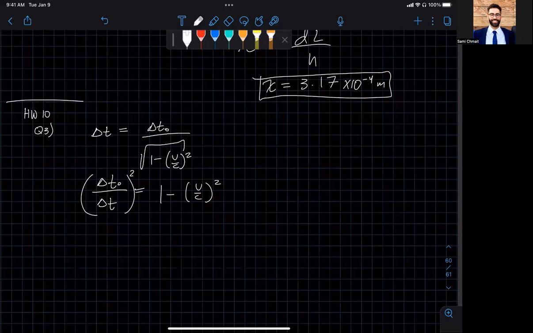And then we're going to need to move one to the other side and take the square root to get v over c. So therefore, v is going to be equal to c times the square root of 1 minus delta t naught divided by delta t, squared. Sorry, that's pretty bad handwriting.